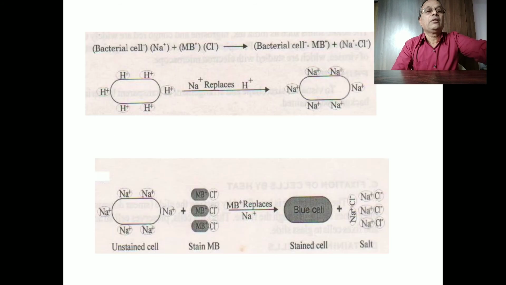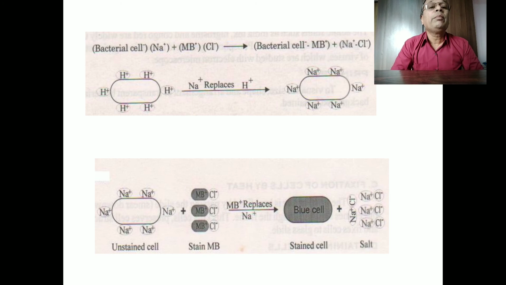Now one can give this reaction. See that this is a bacterial cell. It has Na plus. Why? Because basically it contained COOH that has undergone ionization after making the suspension as COO minus H plus. H plus is replaced by Na plus, which comes from saline.